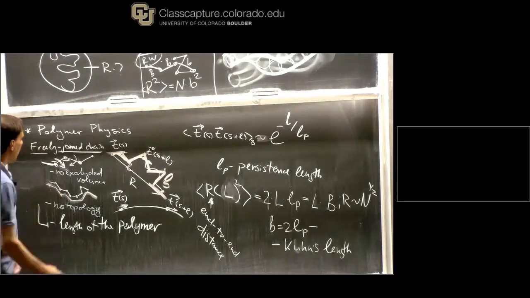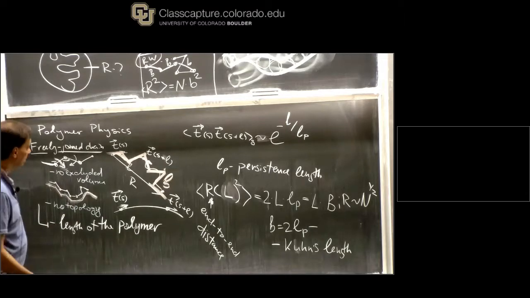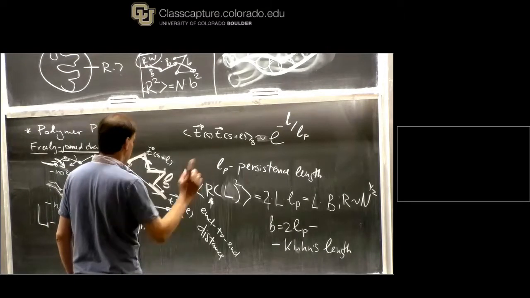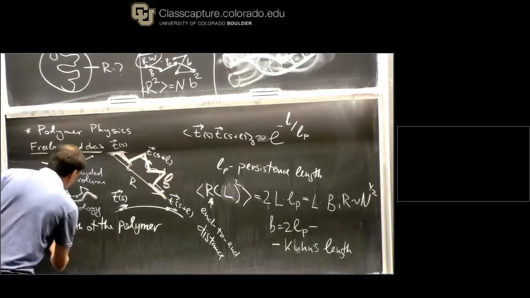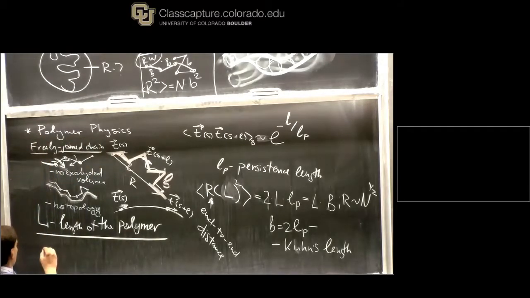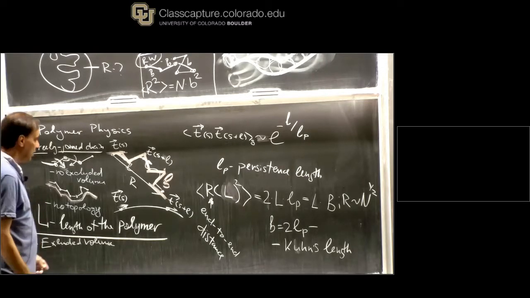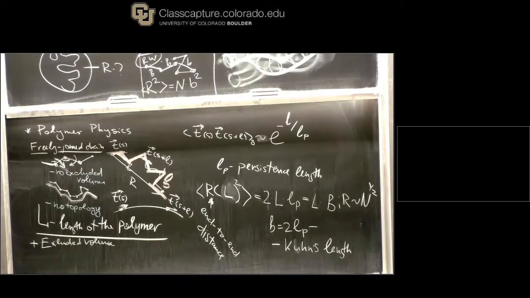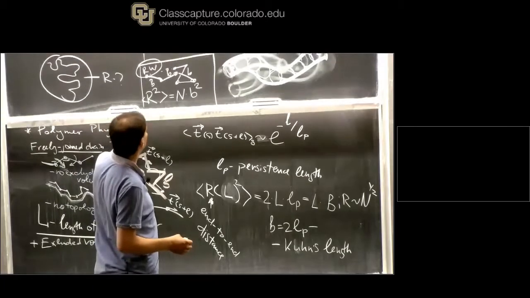If I were to include excluded volume, polymers can be approximated not as random walks, but as self-avoiding random walks.